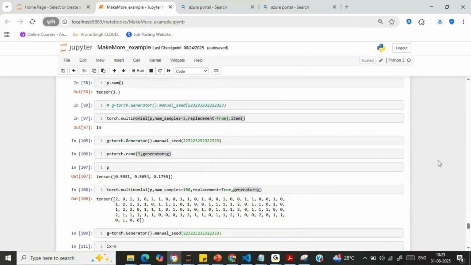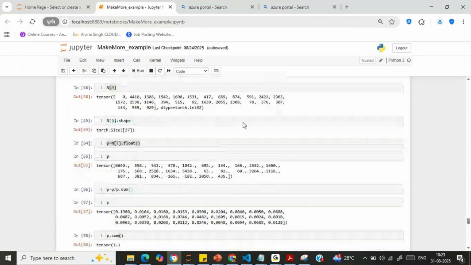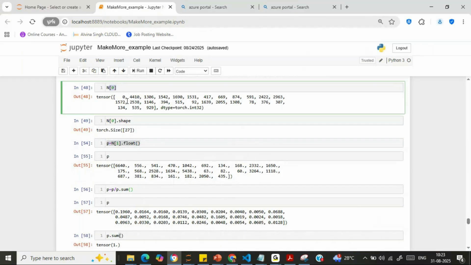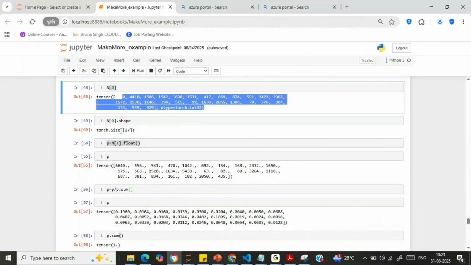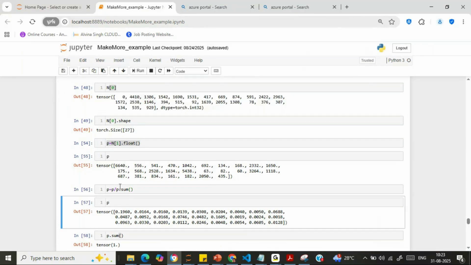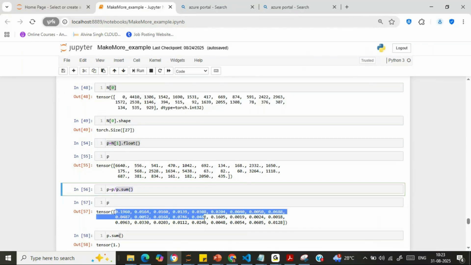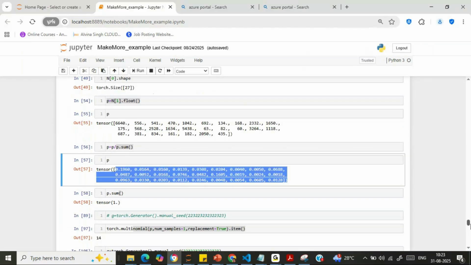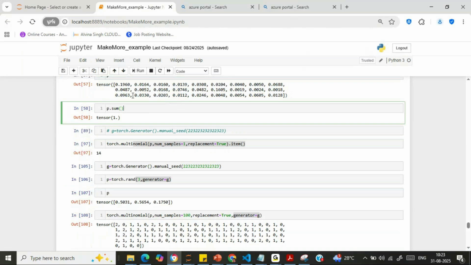Just have a look at what I have done. If I have the first row, and I have divided each element by the sum of all the elements, then I got the percentage of each and every element. Based upon this, I will be able to say that this is the most likely character.